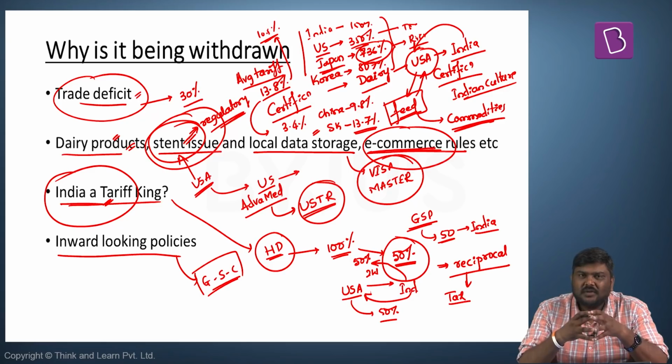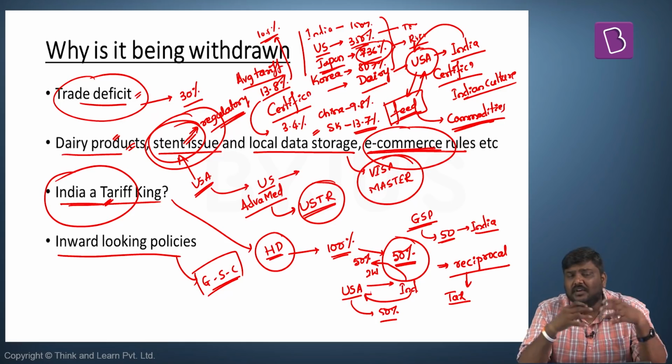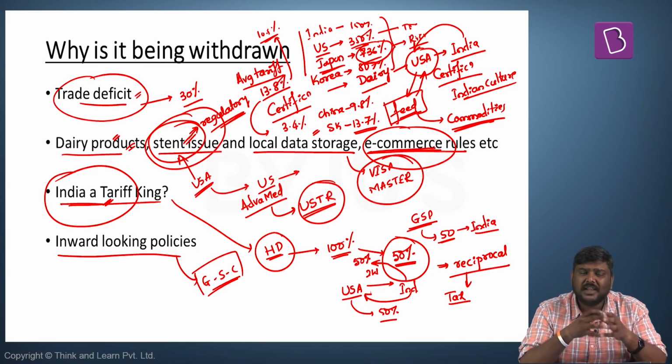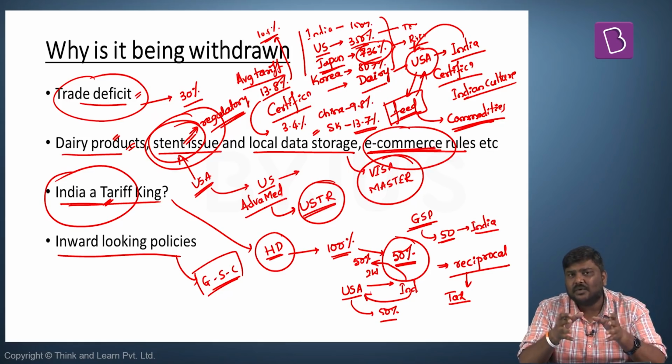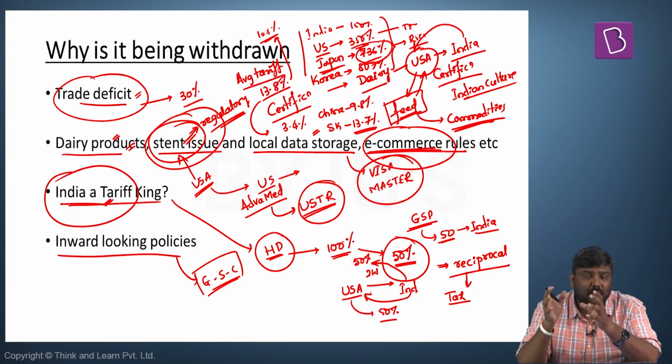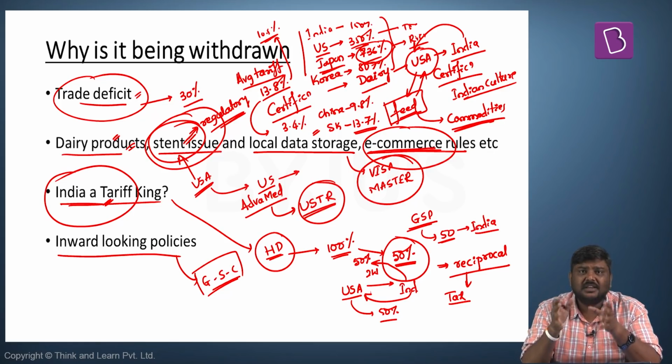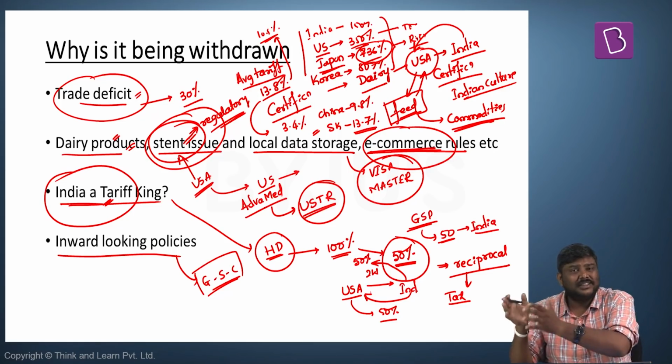Because right now the situation is that a final product will have value added in multiple countries. For example, many of the products are not manufactured in a single country. We use the products which are manufactured in one country as intermediary goods in another country, and the product which is manufactured in the second country is used as an intermediary good in the third country.